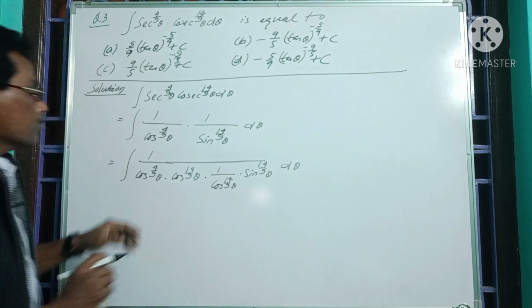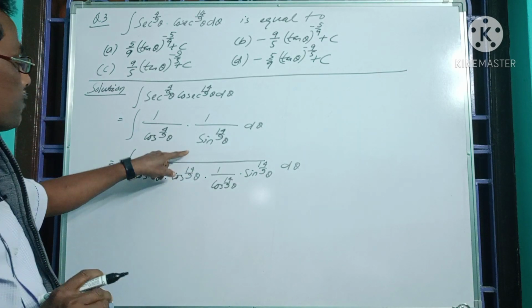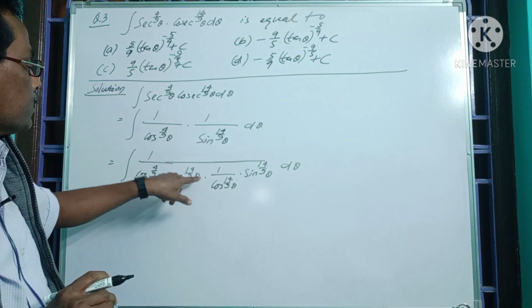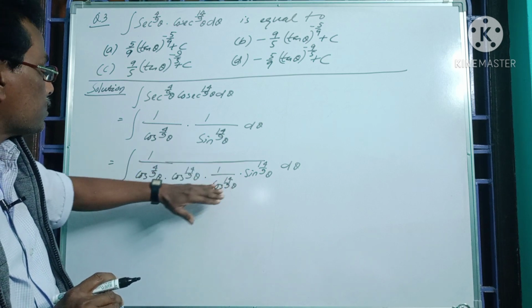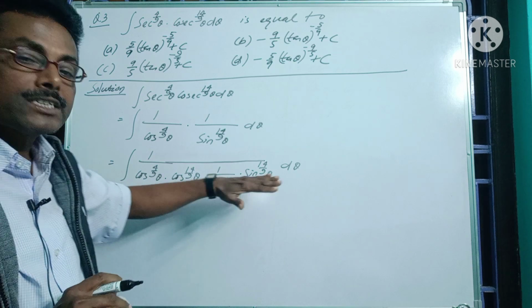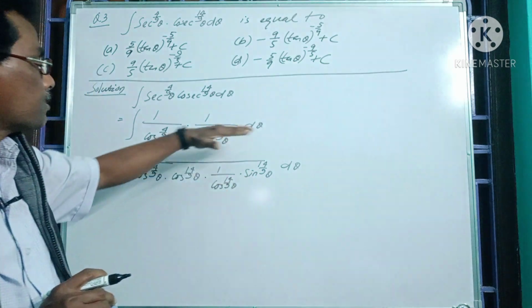Here we have multiplied cos to the power 14 by 9 theta, and also multiplied 1 by cos to the power 14 by 9 theta, so that after adjustment the integrand can be transformed into the formula form.